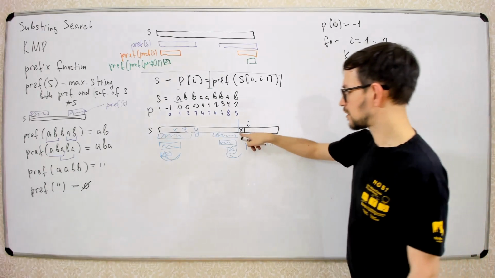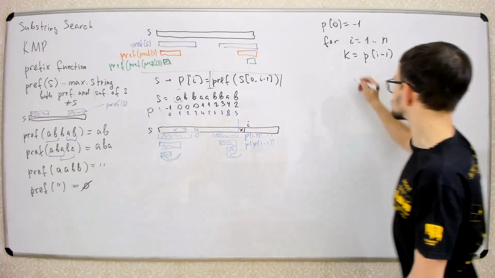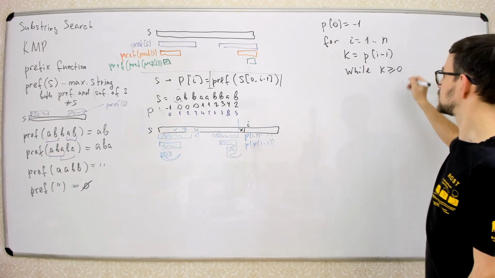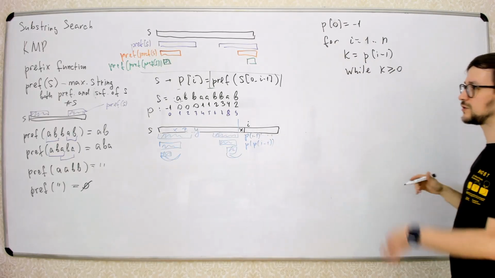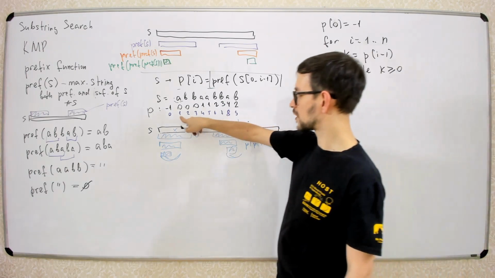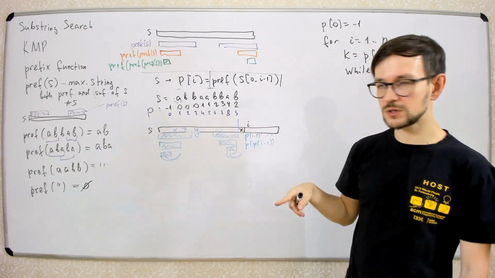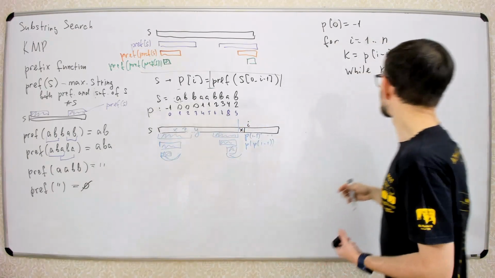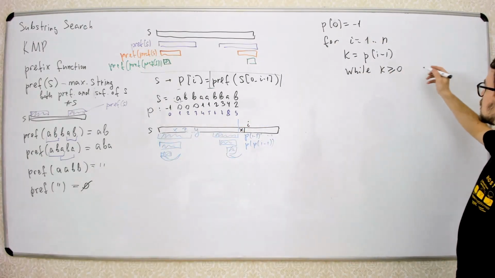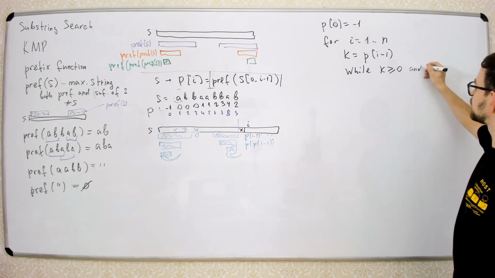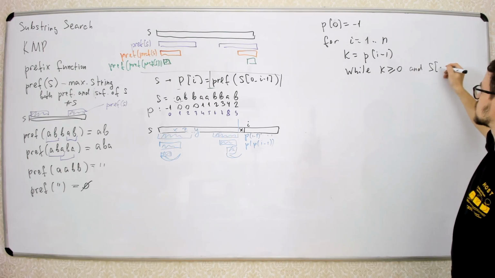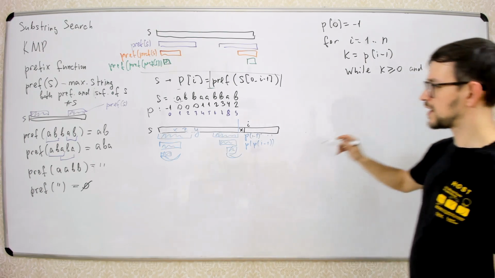And now we just iterate through all these strings until we find this character. So while k is not 0 and the string in position k, so k is the length of the string.